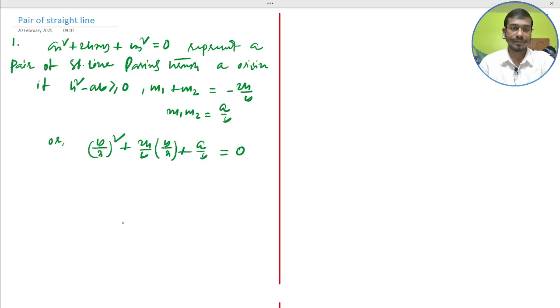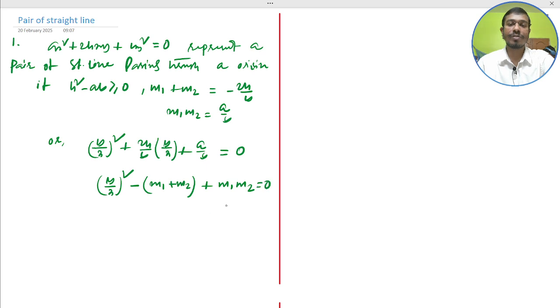That means (y by x) whole square minus (m1 plus m2) y by x plus m1 m2 is equal to 0. This gives two values m1, m2, hence the equations y equal to m1 x and y equal to m2 x of two straight lines.